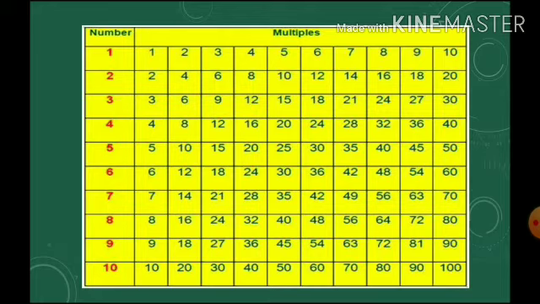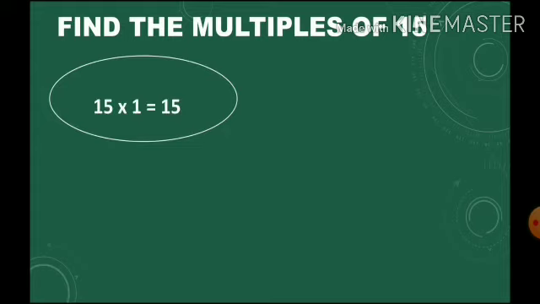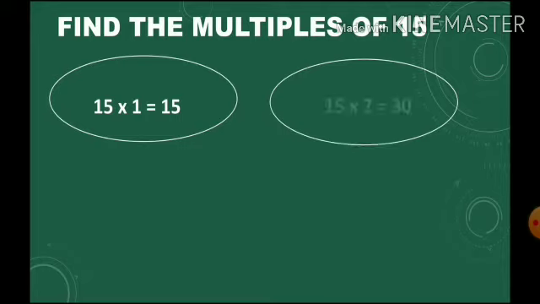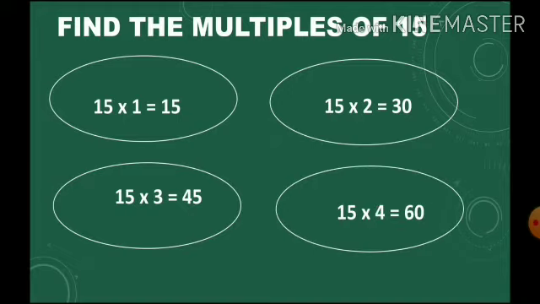Here a multiples chart is given. You can copy this down in your notebook. Find the multiples of 15. So, 15 into 1 is equal to 15. 15 twos are 30. 15 threes are 45. 15 fours are 60.